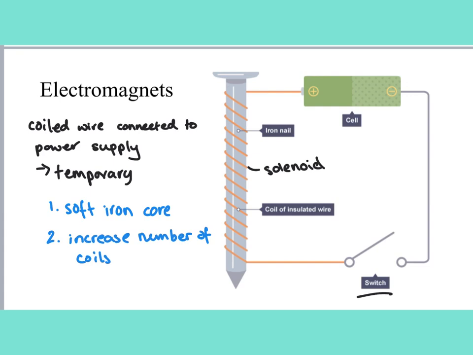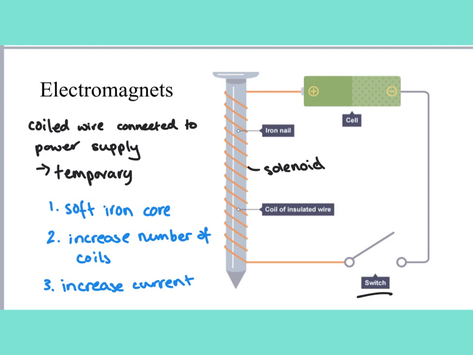And the third way is to increase the current flowing through the circuit. If we have a larger current flowing through the circuit, a larger current flowing through the wires, then our electromagnet will be stronger because we are generating a stronger magnetic field.